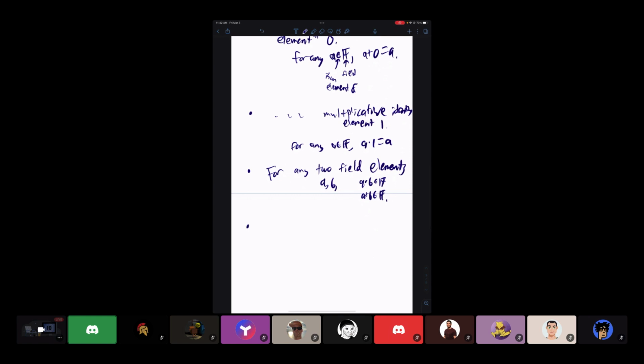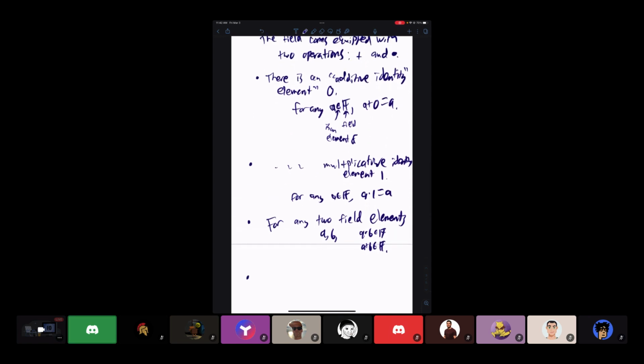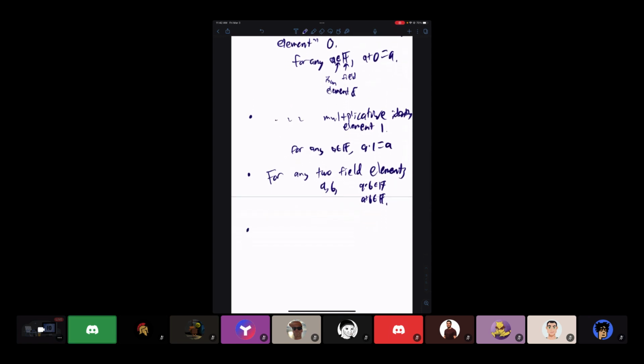And then finally, let's talk about subtraction and division. So for any field element A, there is another field element which I will suggestively denote by minus A, such that if you add minus A to A, you get out 0.